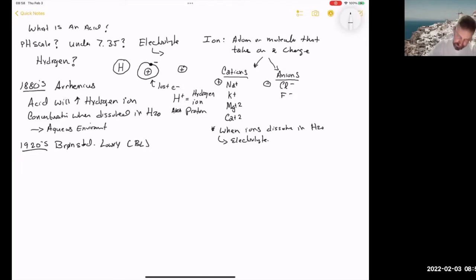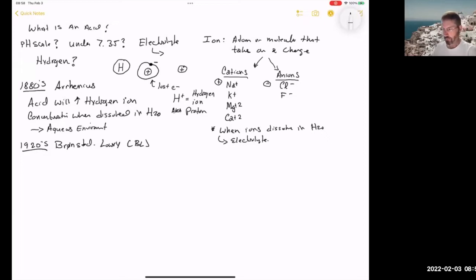BL is sometimes how this is symbolized. Bronsted-Lowry is the major definition for acids and bases that we're going to use. There's another one that's much more complex and very inclusive, but it's not quite as helpful for us, so we're going to stick with Bronsted-Lowry for the most part.